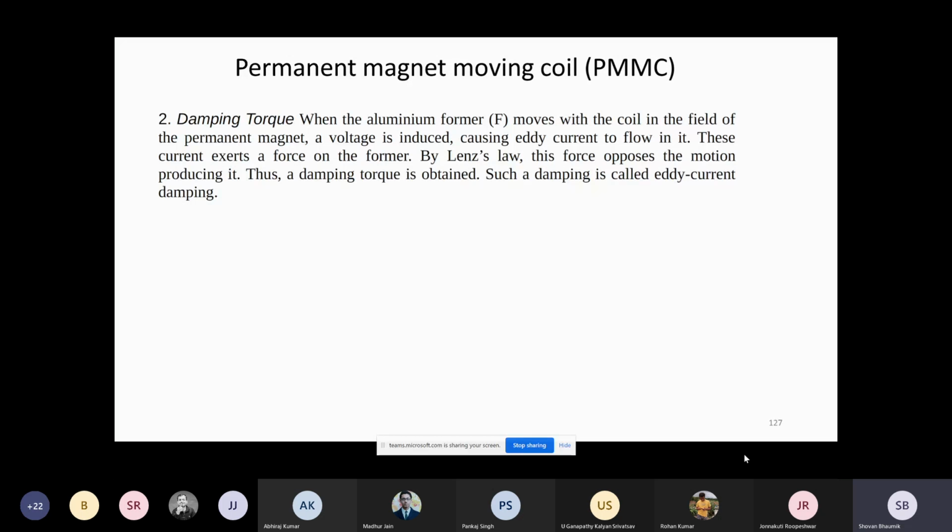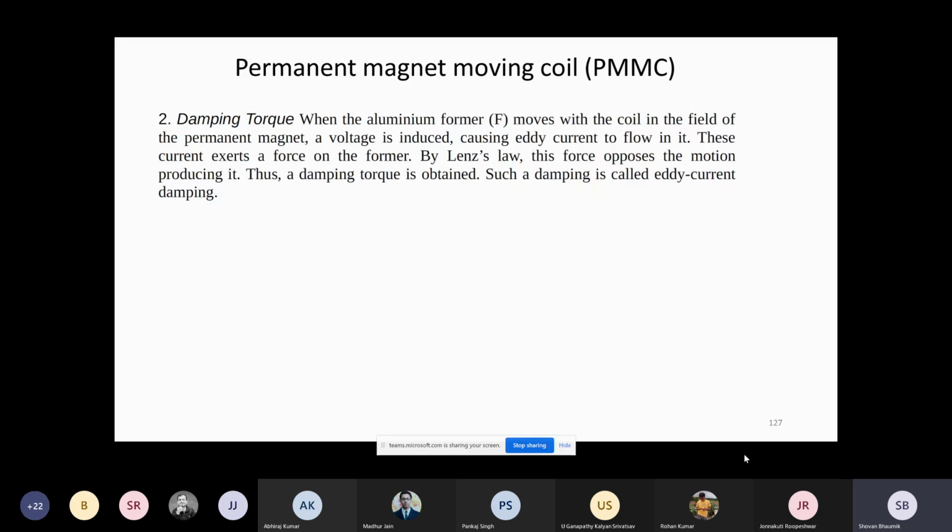Damping torque is also a kind of opposing force which acts when the former, or the coils on the former, are in motion. Suppose the coils on the former are in motion, that means it has some velocity, and the force which is proportional to the velocity will be the damping force, and it acts as an opposing force to the deflection created.